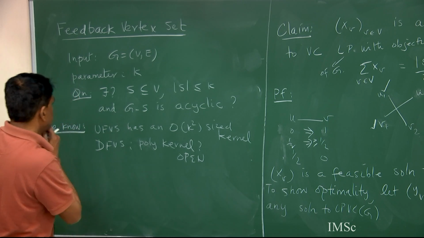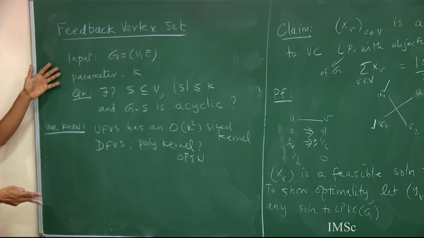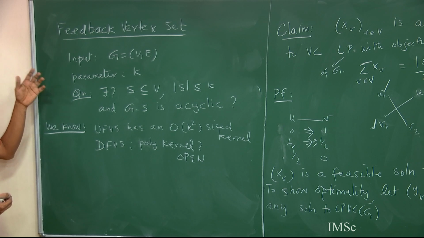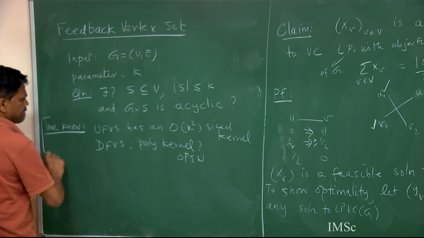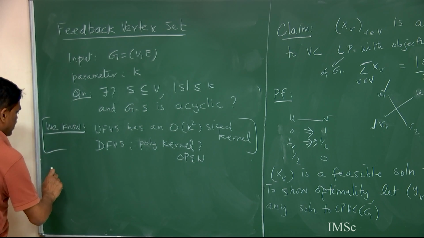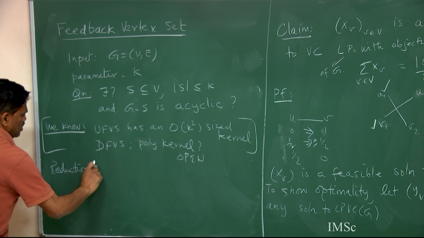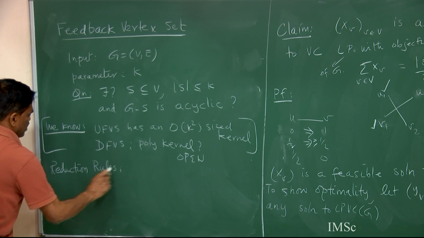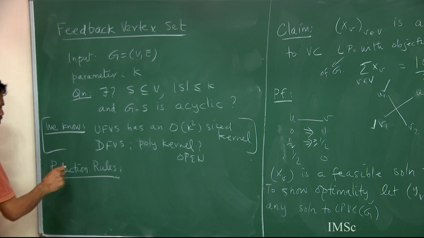So what we will do is we'll see why it's a problem. We'll get started with coming up with the kernel. What are some simple reduction rules we can come up with? So let's stick to undirected graphs.